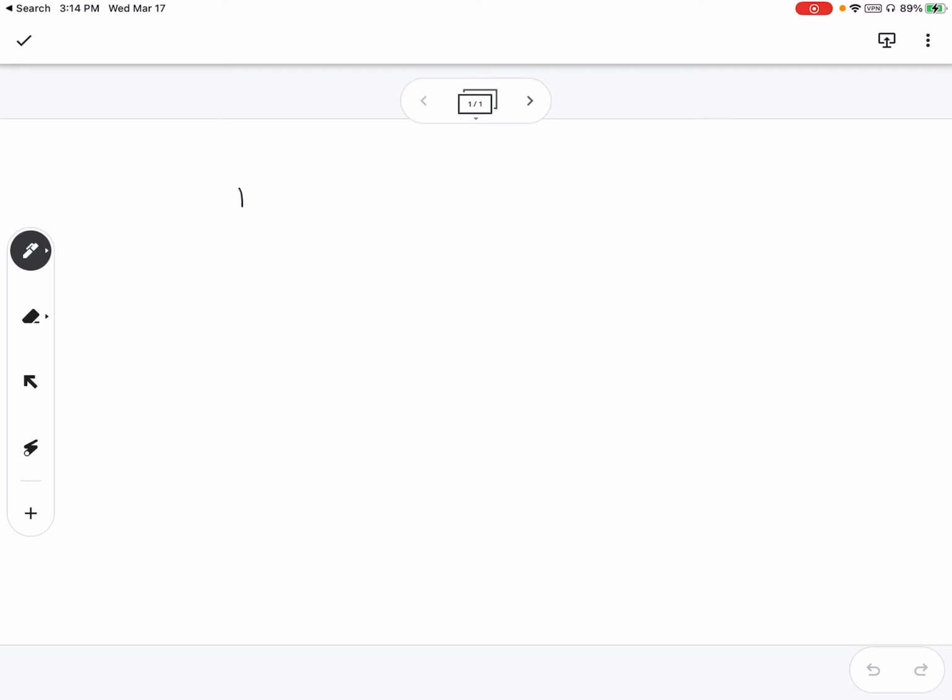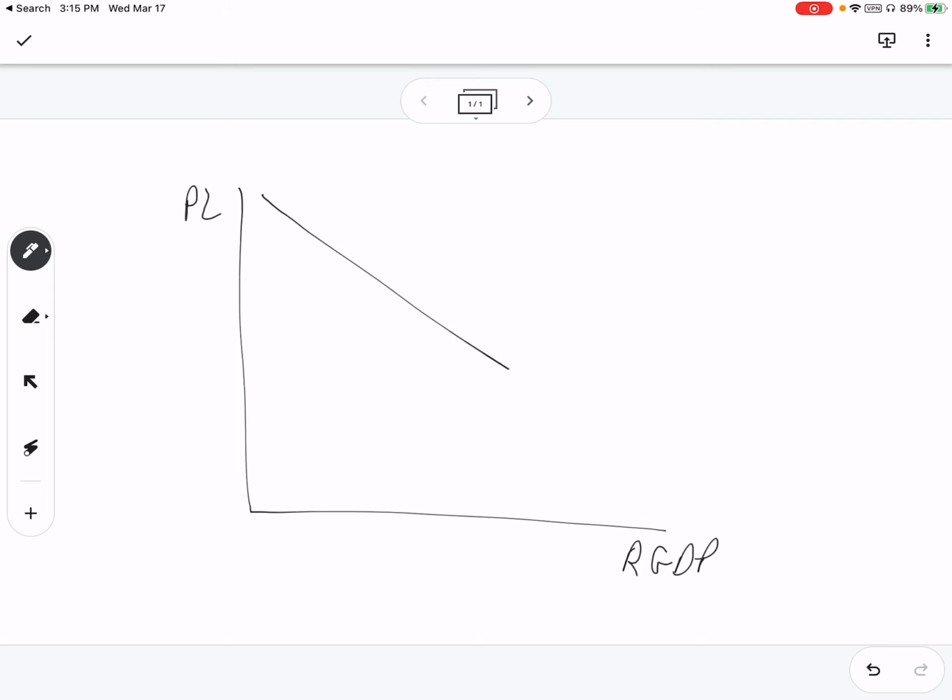So let us recall that we have a graph that looks a little something like this, where we have our GDP here on the x-axis, and price level here on the y-axis. You have a downward sloping curve, which is aggregate demand, and an upward sloping curve, which is SRAS, short run aggregate supply.